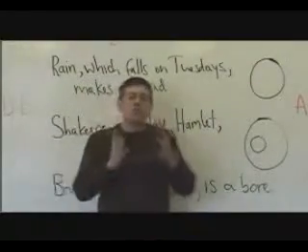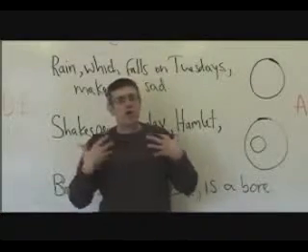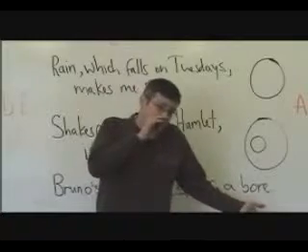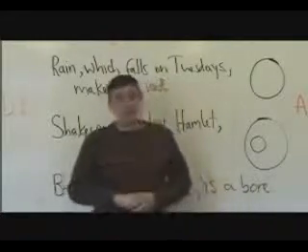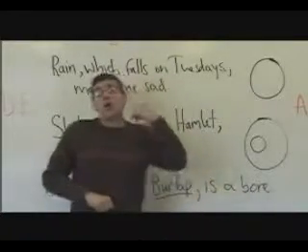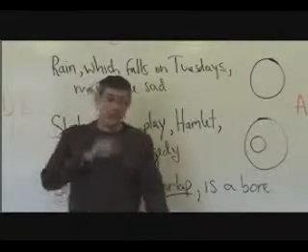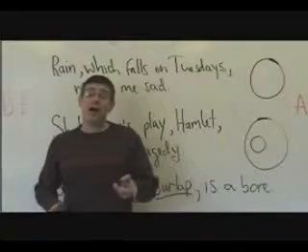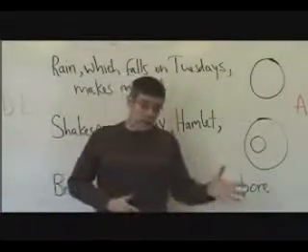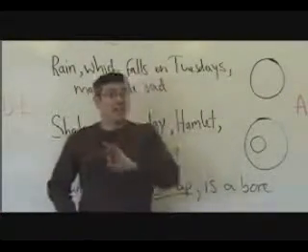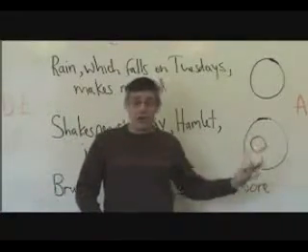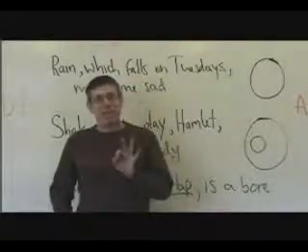Now, which of those two sentences are you happier with? Rain, which, by the way, is that stuff that falls on Tuesdays, makes me sad, or rain which falls on Tuesdays, as opposed to rain which falls on Wednesdays, makes me sad? Well, I hope it's the latter, that it's rain which falls on Tuesdays as opposed to rain falling on other days that is the thing that makes you sad.